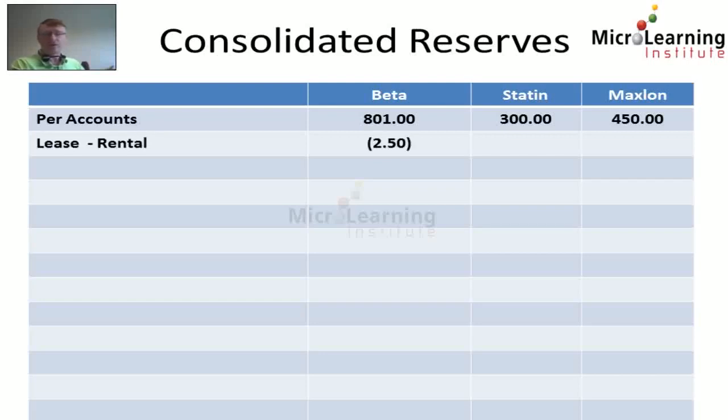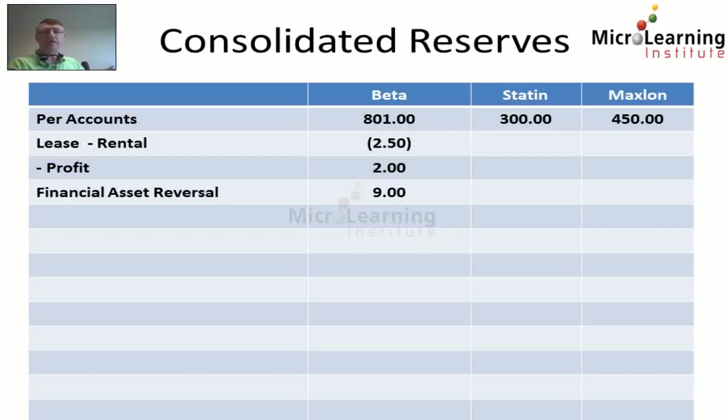Note 1 tells us at the end that we treat the lease as an operating lease. An operating lease is recognized through the P&L at the amount of the annual payment. So this is 2.5. We also have a profit on sale there, which adds to our reserves of Beta by 2 million.